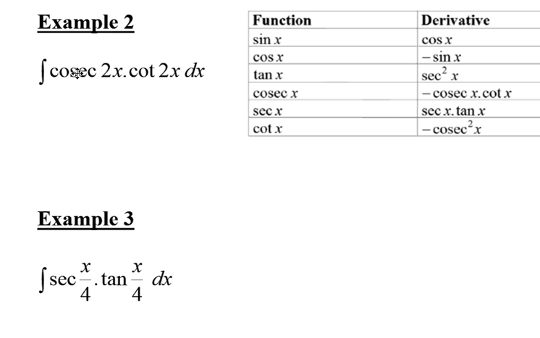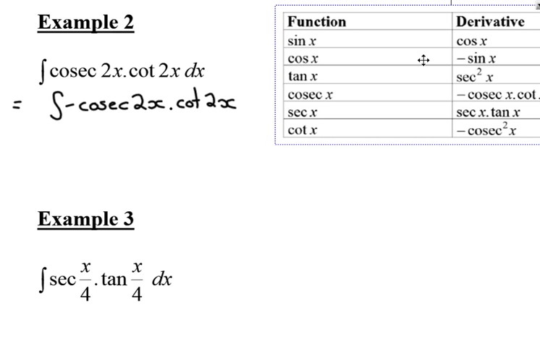Have I got cosec of an angle times cot of an angle? I almost do, I just want a negative. So remember what we said in the previous video, we sometimes need to create that. So I'm going to create an instance where I've got the negative because I want integral of negative cosec 2x times cot 2x dx.